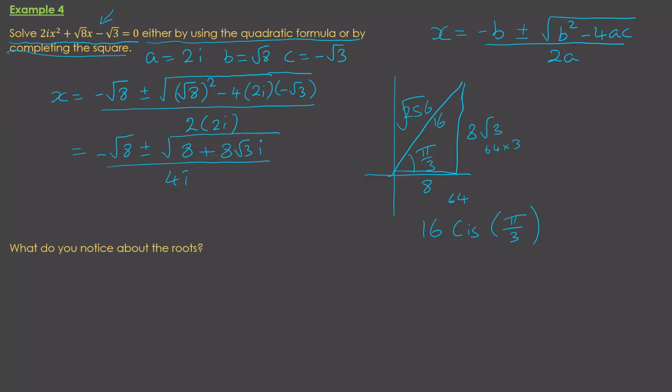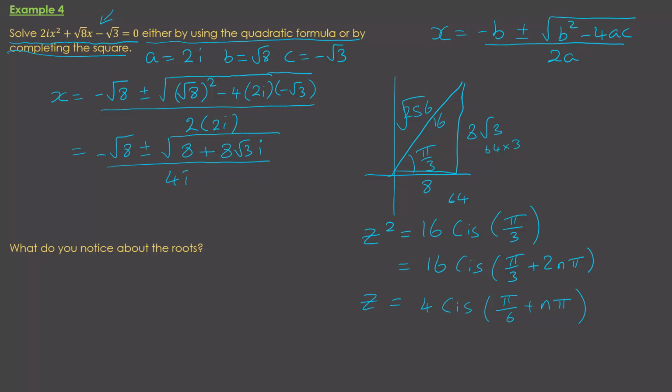So if we think of that as being z squared, and we can write it as 16 cis pi by 3 plus 2n pi, then z is going to be 4 cis pi by 6 plus n pi.